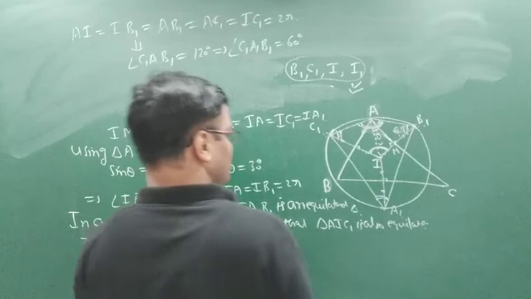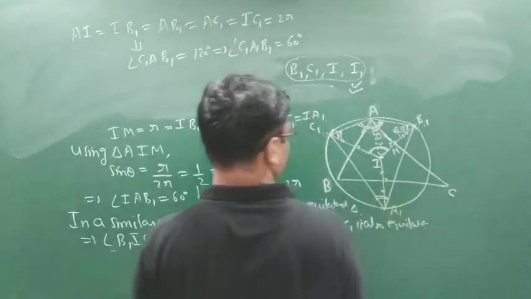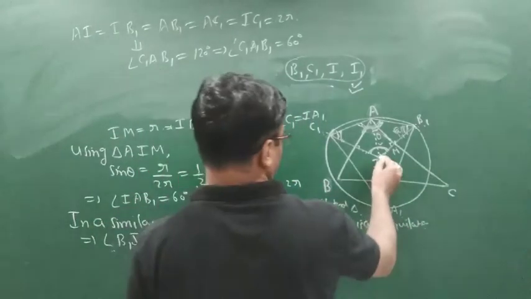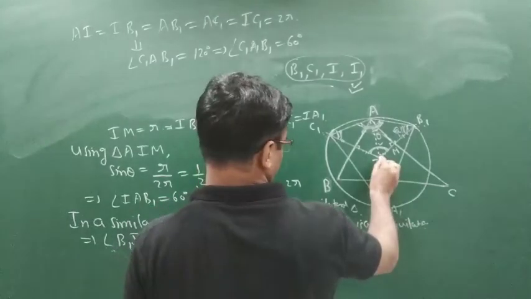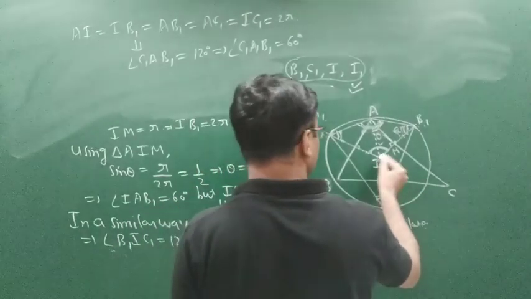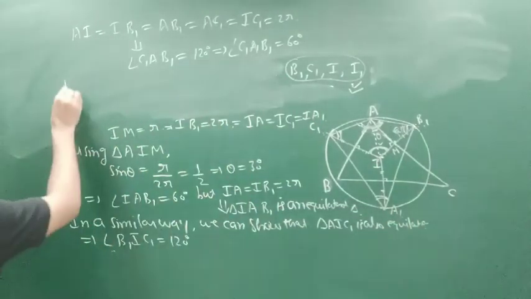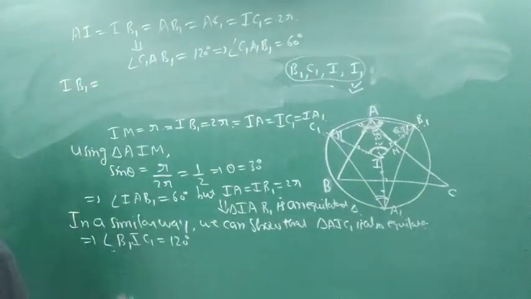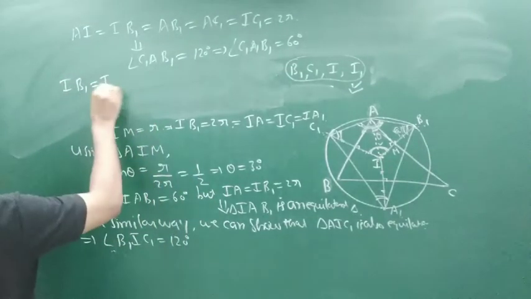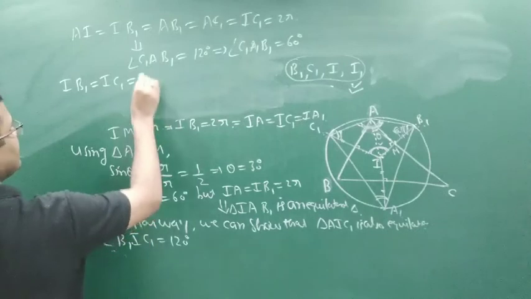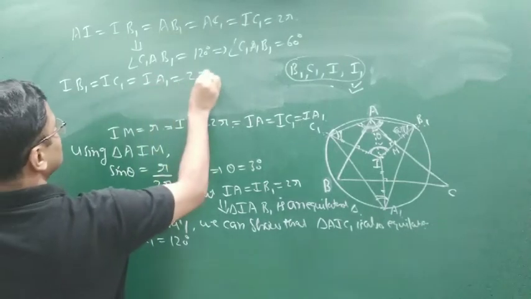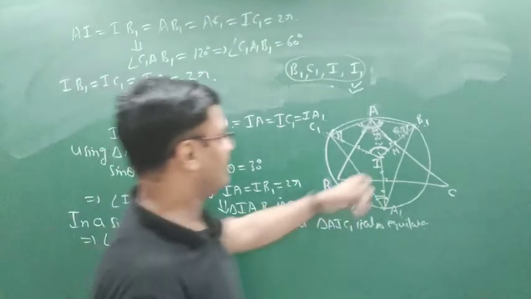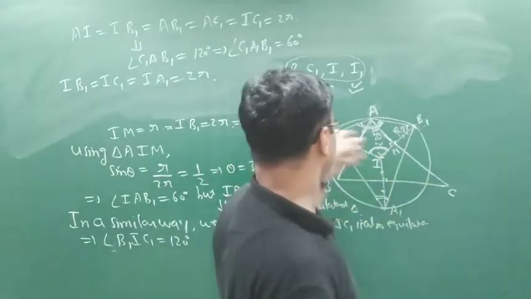Here is one more observation about I. Because IB1, we can also say that IB1 equals IC1 equals IA1 equals 2R. The distance of I from all three vertices A1, B1, C1 are the same.